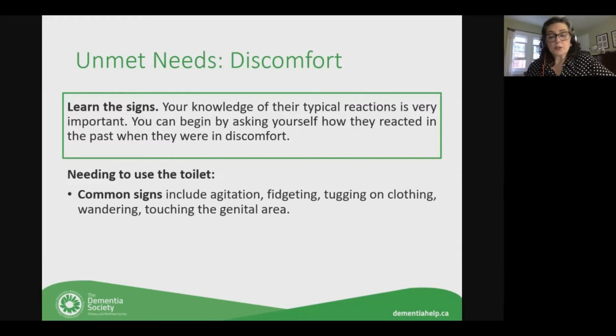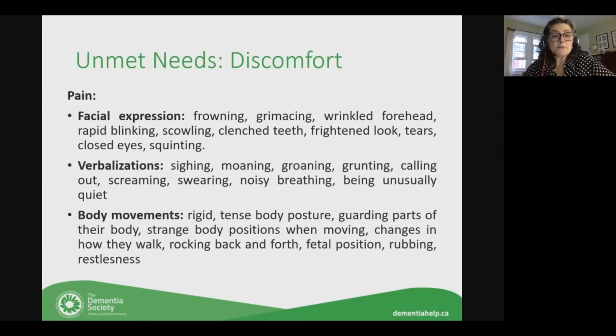Some common signs are agitation and fidgeting and tugging on clothes, wandering, touching the genital area. When we talk about pain, of course, facial expressions, vocalizations, moaning, groaning, and sometimes swearing and screaming and calling out can all be signs that there is pain. Body movements, either very rigid or withdrawing and being very, very quiet, can also be signs or indicators of discomfort.